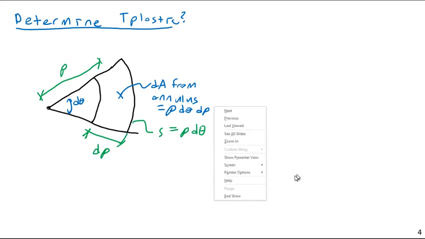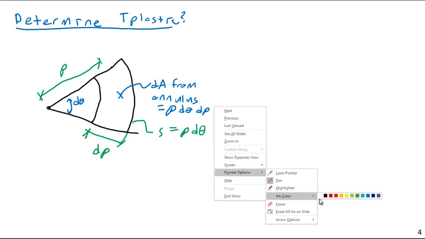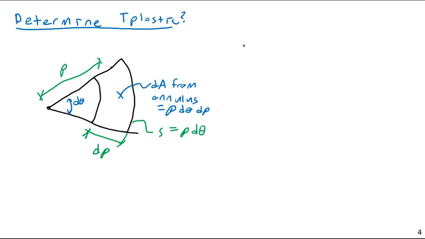Okay. Now, from lesson 16, we know that TP, the plastic torsion, is going to be equal to the area integral of rho tau dA. We could think of this as the double integral.